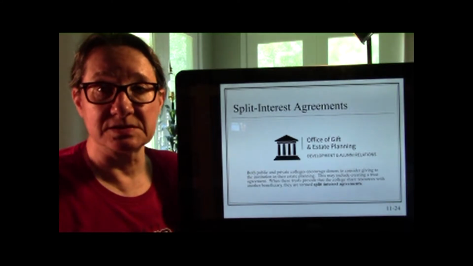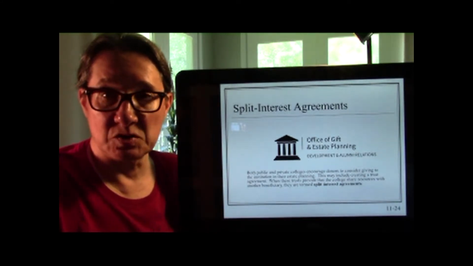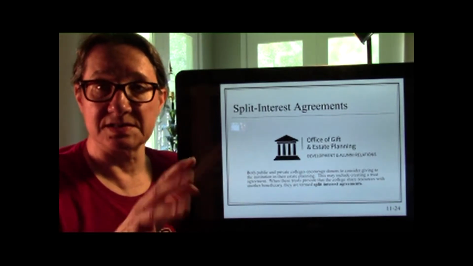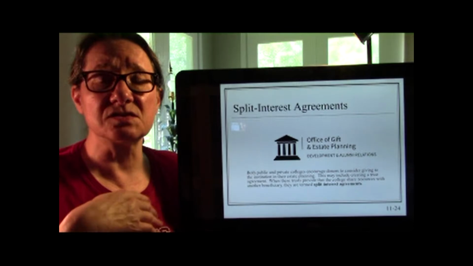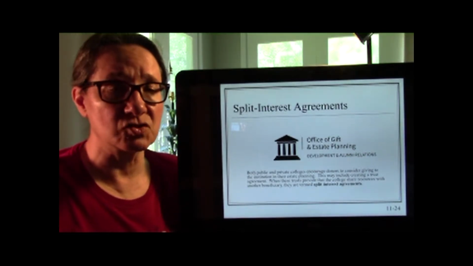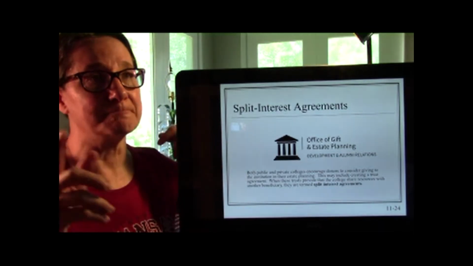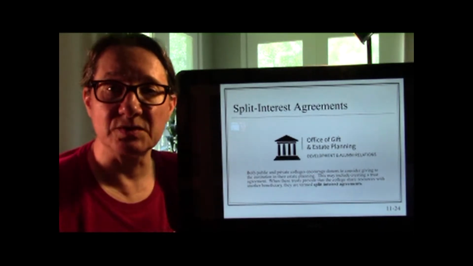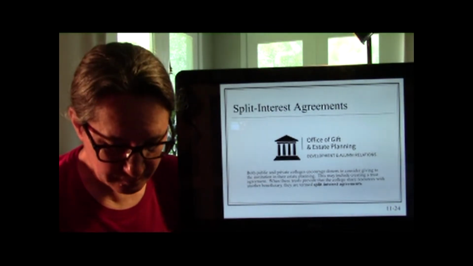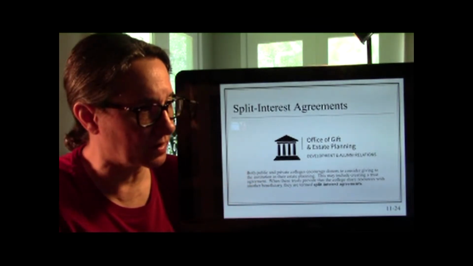I want to leave some to Texas A&M Kingsville, I want to leave some to the Humane Society, and you guys are going to have to split the proceeds, and I'm going to set up this trust. There are all different ways of setting things up with life estates and trusts. So I expect you on a high level to know the distinctions between these different kinds of trusts, but I'm not going to expect you to memorize how to account for everything that goes on in all of them.